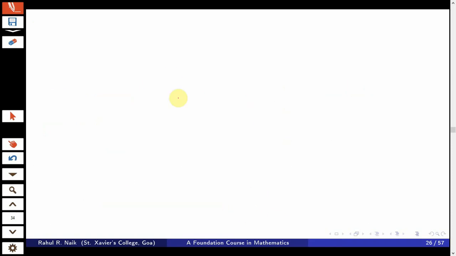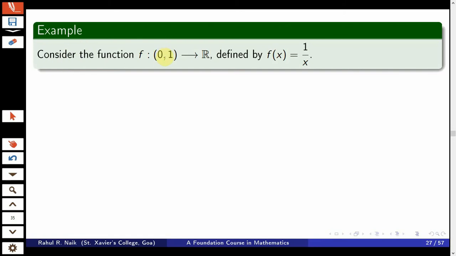Some more examples of 1-1 functions: f going from the open interval 0 comma 1 to R defined by f of x equal to 1 by x. We prove this is a 1-1 function. Let x1 and x2 be in the domain with the property that x1 not equal to x2.